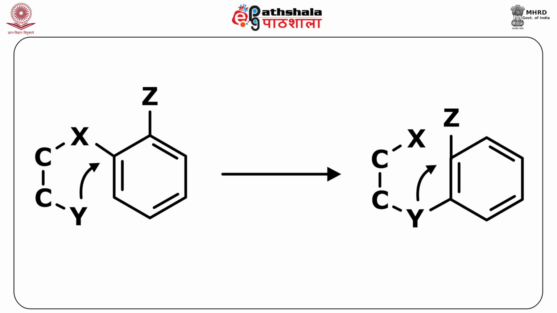Smiles rearrangement is further accompanied by the migration of an aromatic ring from the heteroatom binding to the reaction center to a more nucleophilic heteroatom. Now students, this you can clearly see in this reaction that this carbon is attached to another heteroatom. That is how this rearrangement takes place.